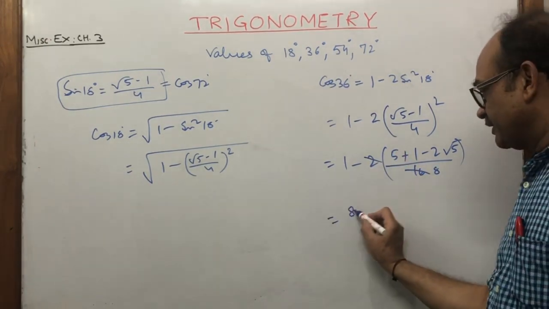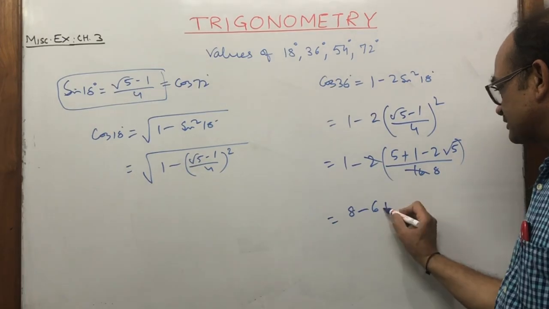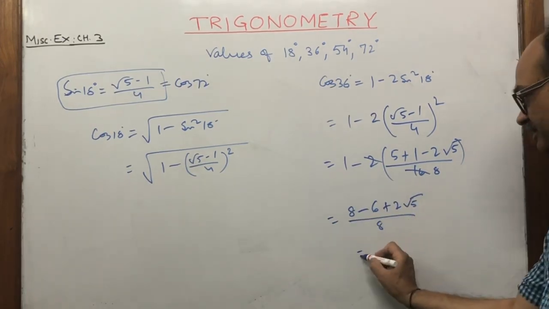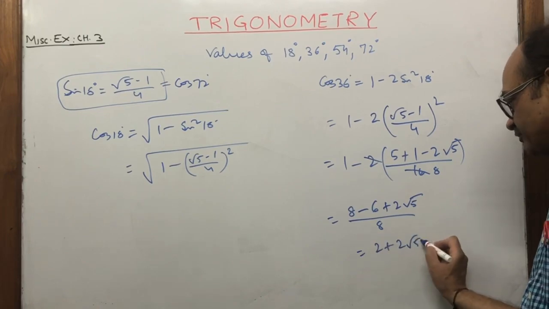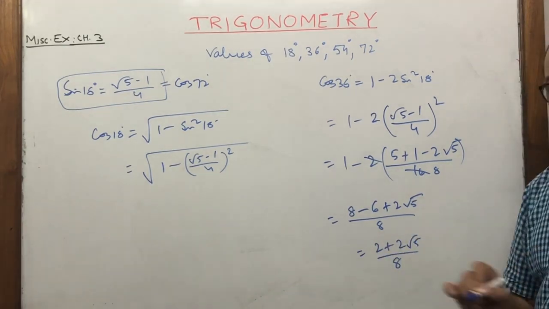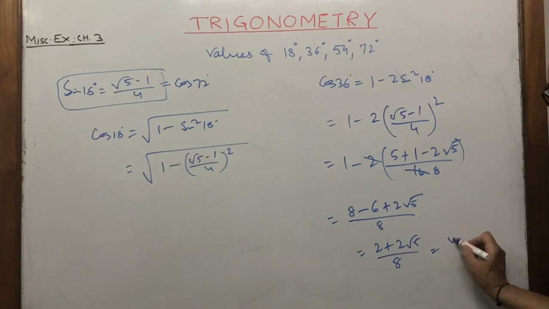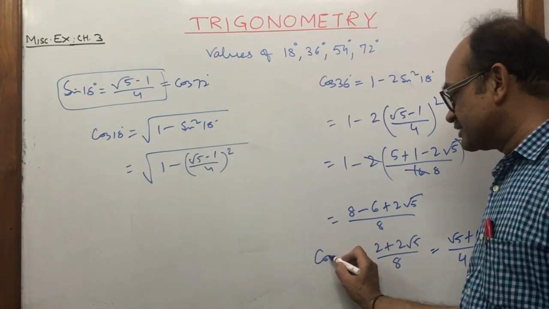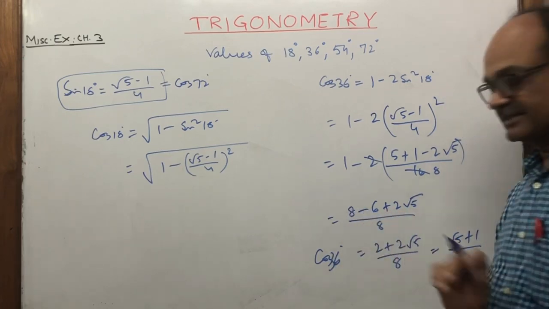So LCM 8, minus 6 plus 2 root 5, divided by 8. It will become 2 plus 2 root 5 divided by 8. And if you take 2 out, it is nothing but root 5 plus 1 by 4. So this value is of cos 36.